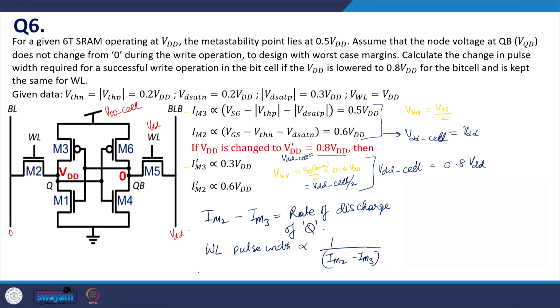Therefore, word line pulse width can be reduced by a factor of 1 by 3 when you reduce the cell supply voltage by 0.8 times.